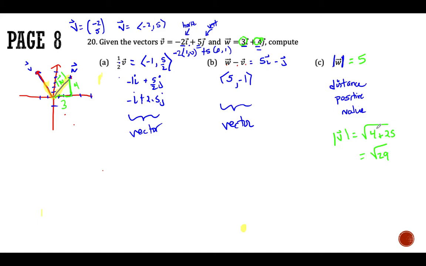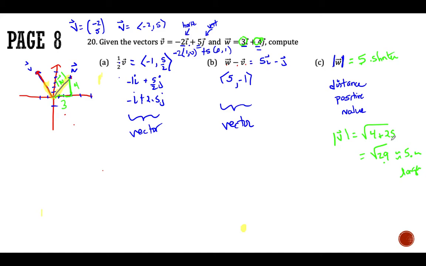Positive, right? This is approximately 5 point something. It is longer than vector W. Vector W is shorter, right? Vector W is 5, vector V is length square root of 29, which is bigger than 5.